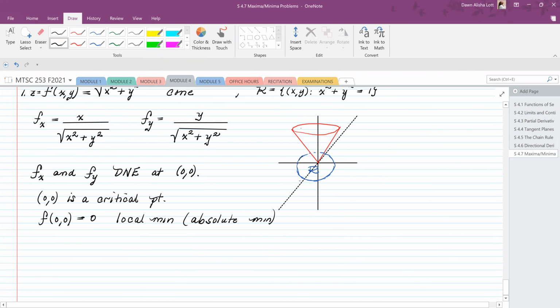And the entire boundary, every point, so the set of all x, y such that x squared plus y squared is equal to 1, that whole set is where f attains a local max.